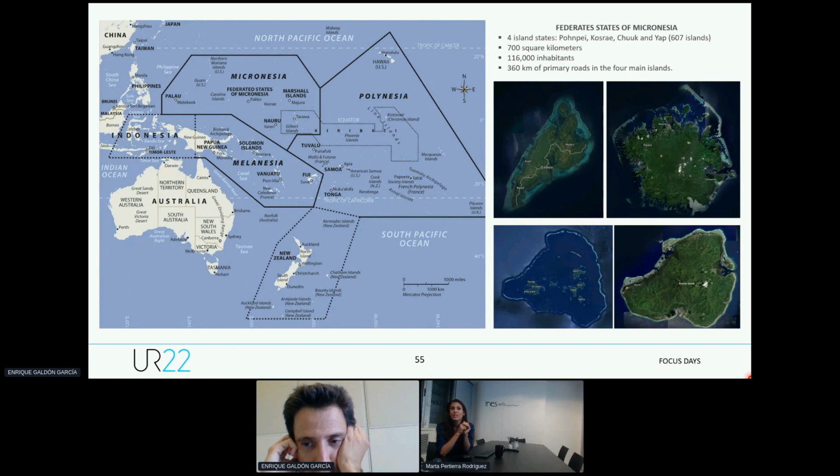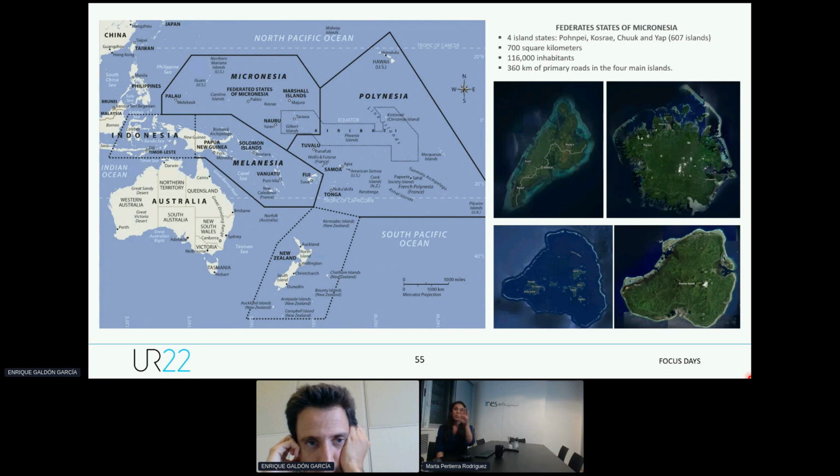In terms of inhabitants, it's a bit over 100,000 population. Here on the right, you can see the four main island states. On the top left, we have Yap, which is very close to Palau.